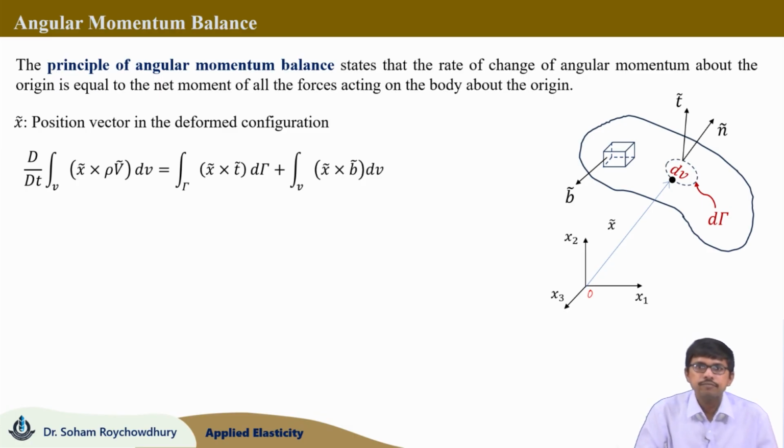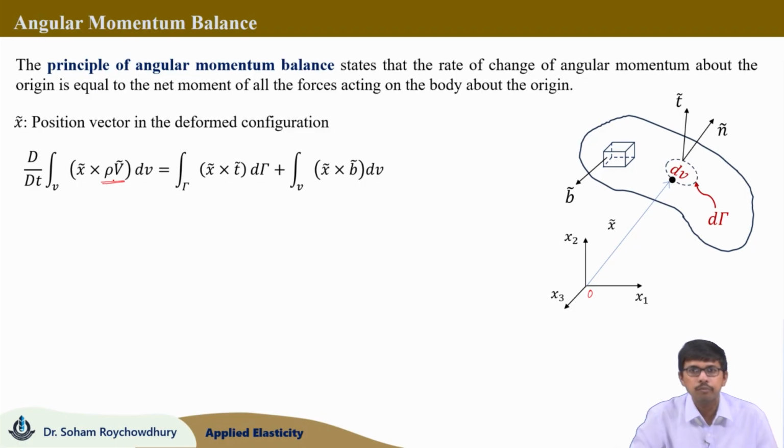So, the left hand side of this equation is the rate of change of angular momentum. This v vector is the velocity, and rho v integrated over the volume dV is the linear momentum. Now, as we are taking the angular momentum here, that is written as the moment of linear momentum.